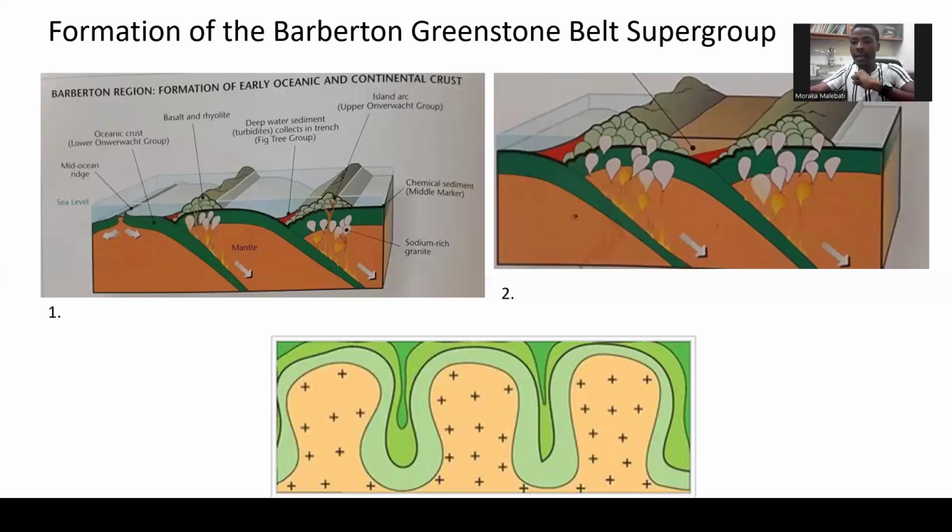Wow, this is very interesting. Oh, it means that's where the microcontinents came into the picture.